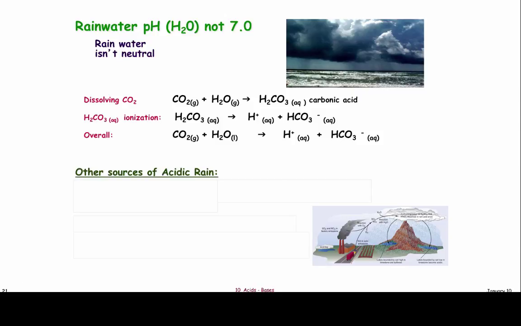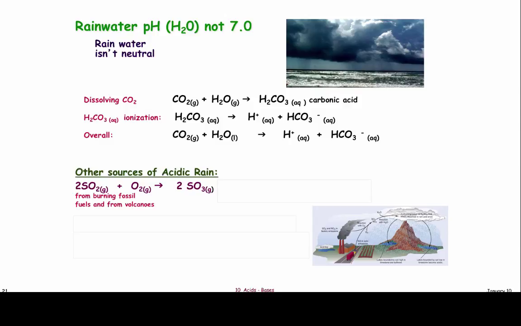Now let's discuss how acid rain originates. Suppose you live in a mining town where they burn a lot of coal. Coal has a lot of sulfur in it, and when you burn coal in the presence of oxygen, you form sulfur dioxide.